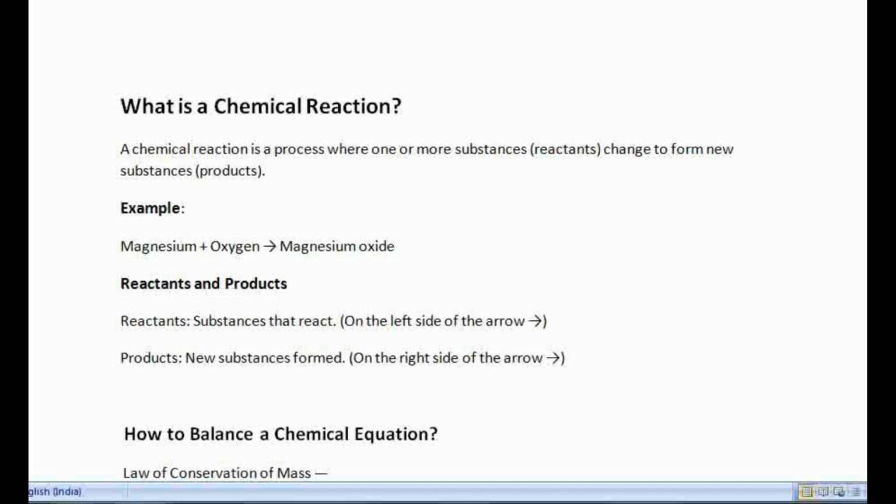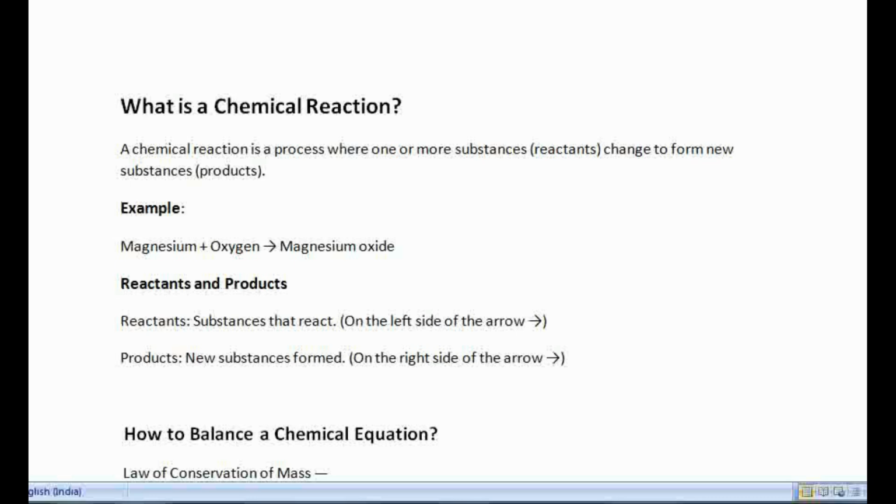First of all, the first question is what is a chemical reaction? We studied and listened to the term chemical reaction everywhere in the chemistry book. The main word usually used is chemical reaction. So what is a chemical reaction? A chemical reaction is a process where one or more substances change to form new substances.